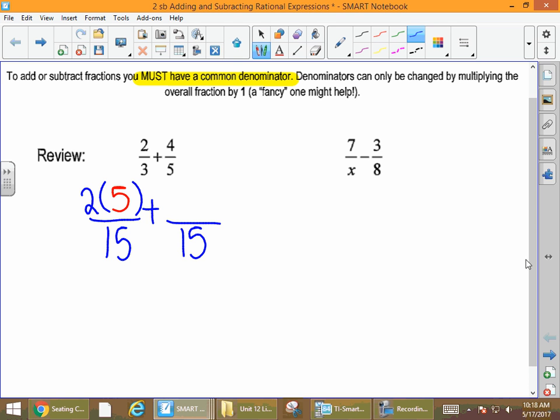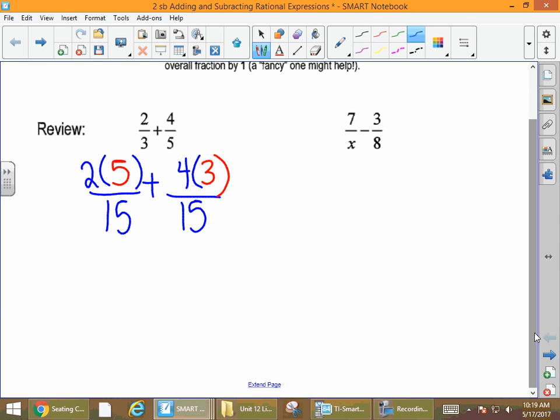It's the same idea on the second fraction. We multiplied 5 by 3 to get 15. Since we multiplied the bottom of the fraction by 3, we also must multiply the top of the fraction by 3. So if we multiply, 2 times 5 is 10 over 15. 4 times 3 is 12 over 15.